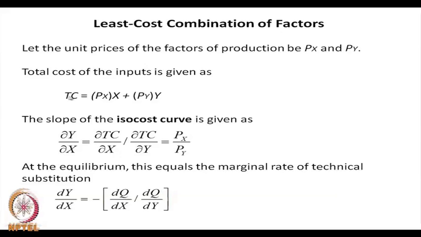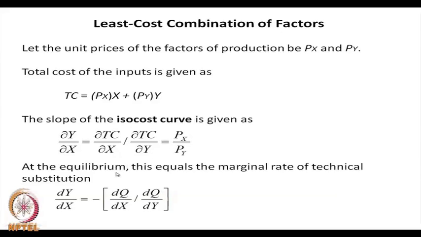If I take partial differentiation of TC with respect to x, I get the unit price Px, and partial differentiation of TC with y, I get unit price Py. Therefore, dy/dx is nothing but the ratio of the unit price of x to unit price of y.